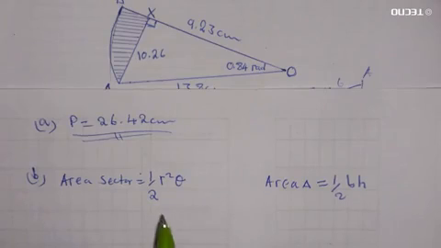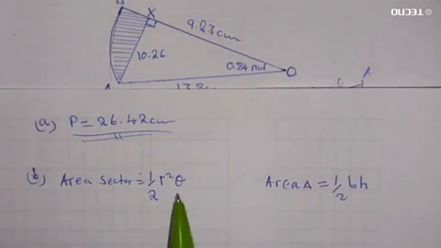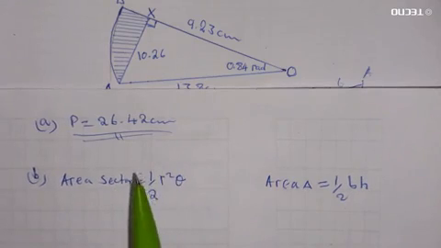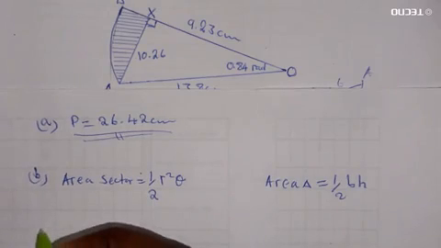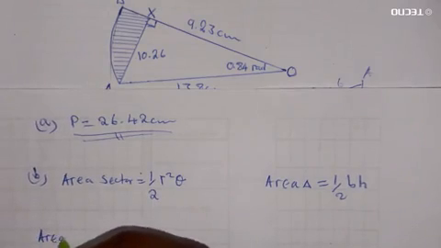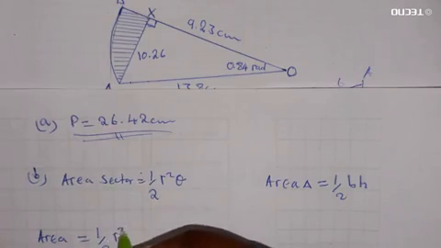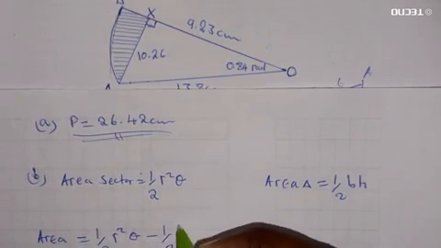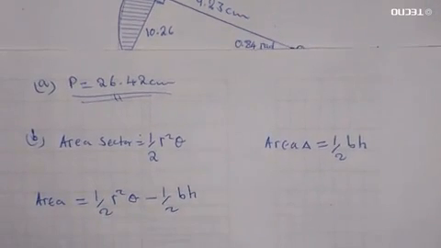So now we are going to use these two formulas. The small area you subtract from the big area. So the area of the shaded region will be 1/2 r squared theta, then minus half BH.